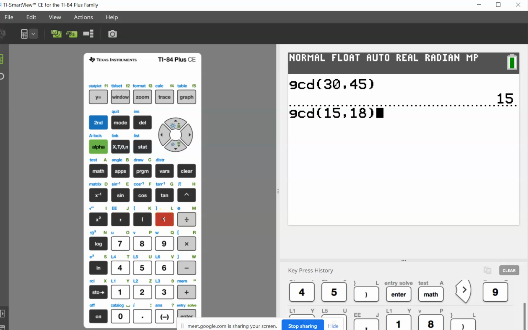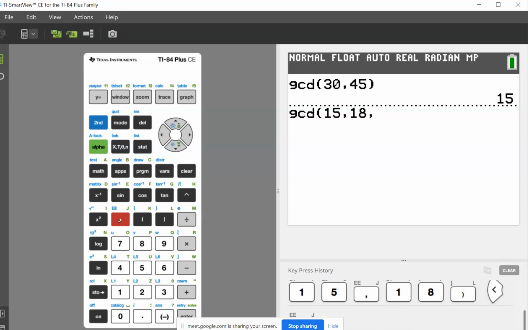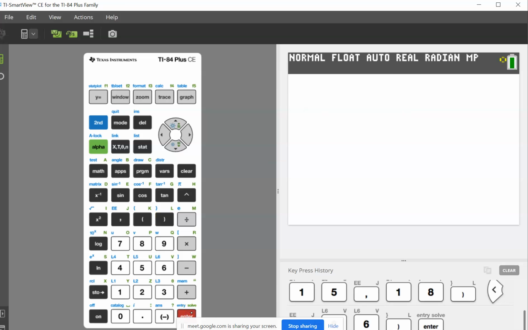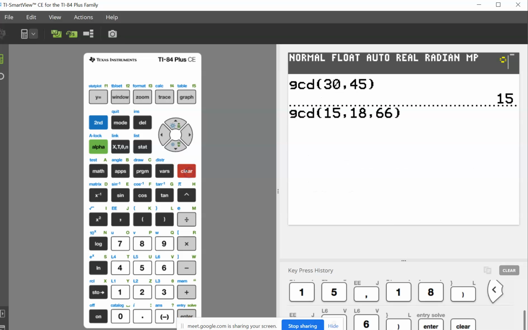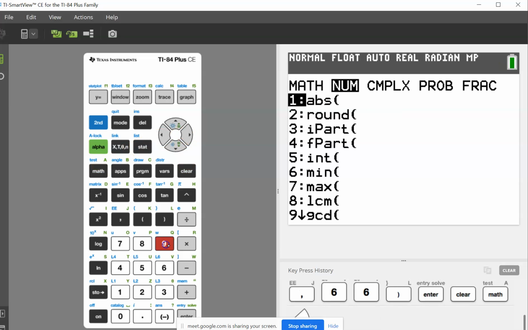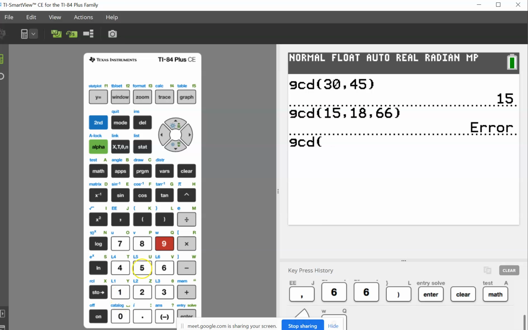So we're going to type in the first 2. Now don't do this, but I'm going to show you. If I were to have typed in all three numbers, it's going to give me an error message. So that's why I'm telling you, you can't type all three. This is the message that you're going to get. So let me come back to where I should be. I'm going to type in the first two, the 15 and the 18.